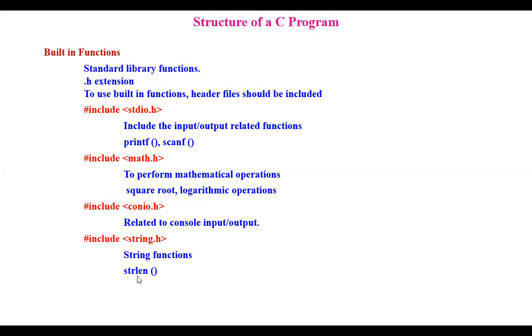Here str means string, and strlen is string length. You can find a particular word's string length, that is, how many characters are there in it. So these are all the built-in functions which are already available in the system, readily available. We can just make use of them by including these files.